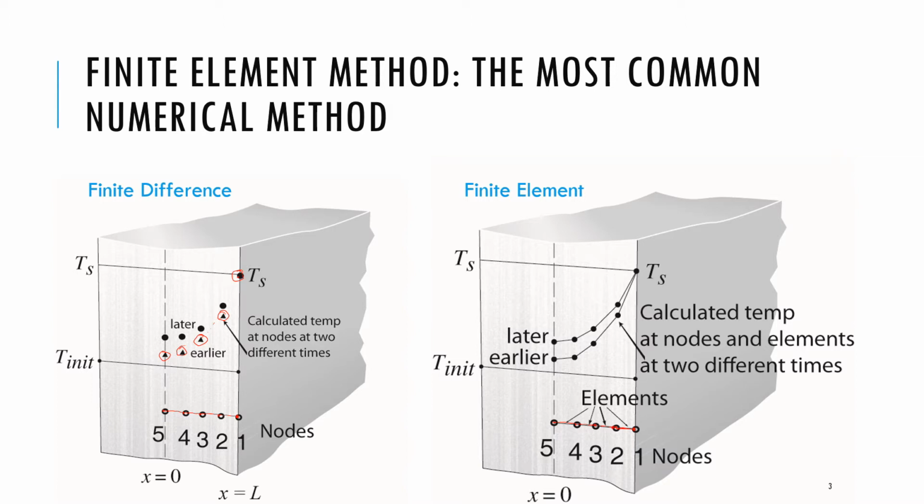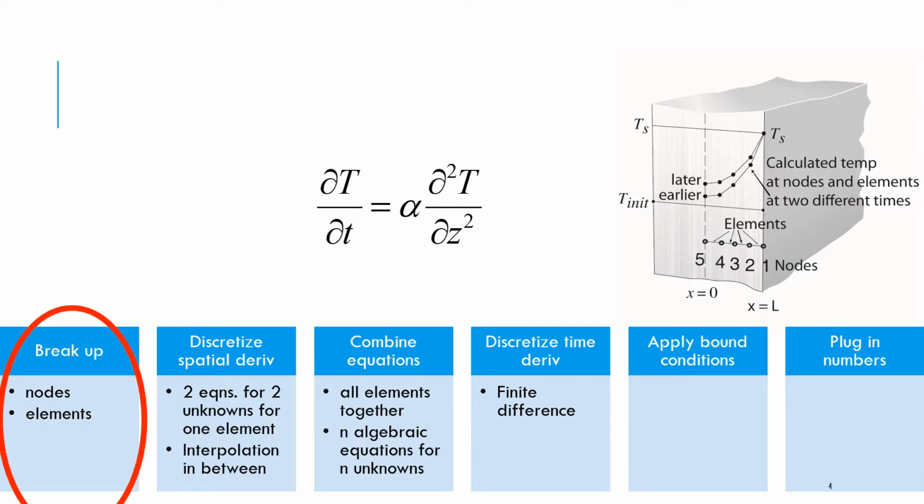So the nodes and the distance in between together make an element. But also when we build the method, the interpolation between the nodes is built in. So as you can see, the solution is going to be looking like this, and this is built in as we develop the method.